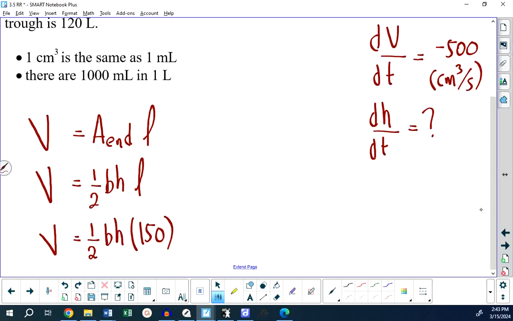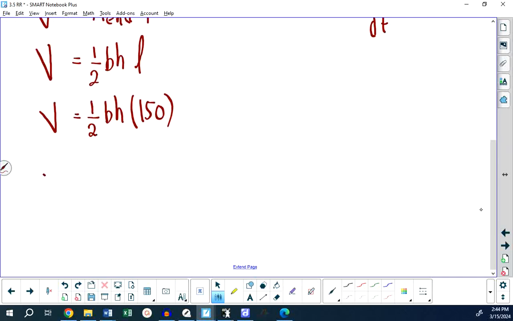I suppose you can imagine a scenario in which there's some kind of mechanical procedure going on and the trough is getting shorter. Maybe it's getting shorter to bring the water level up for the short little animals so they can still reach the water. I don't know. Doesn't matter. But the 150 is constant here. So now what we have is volume equals 75 BH.